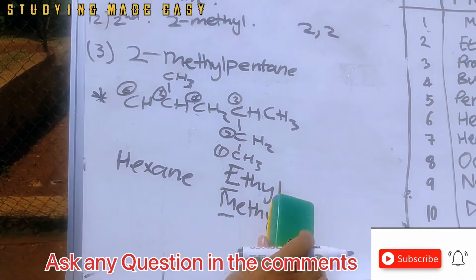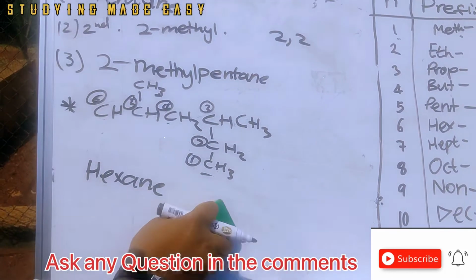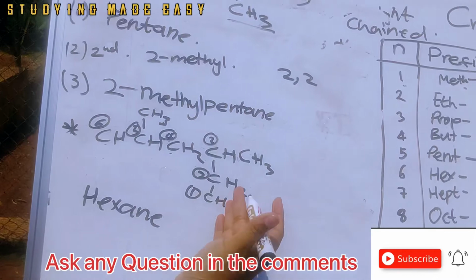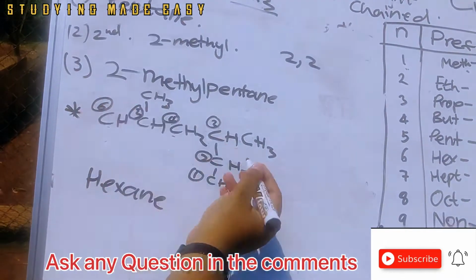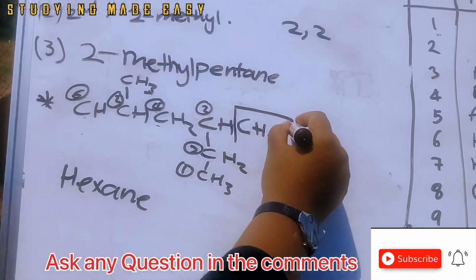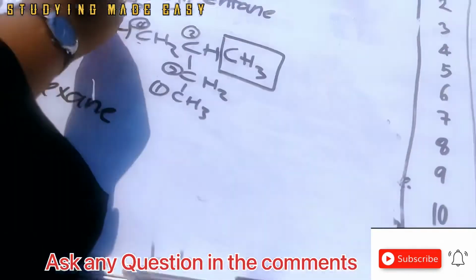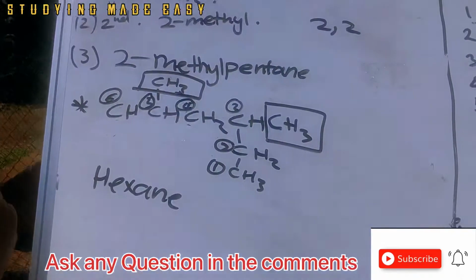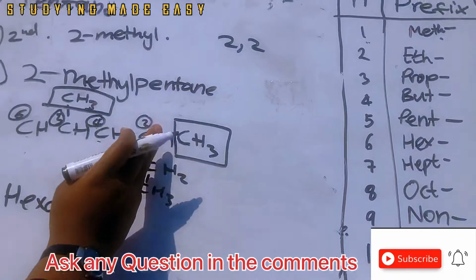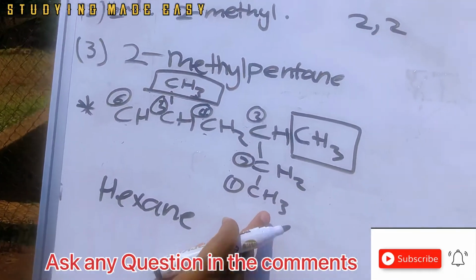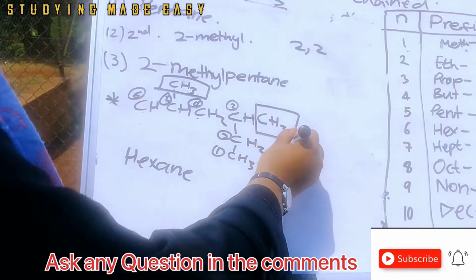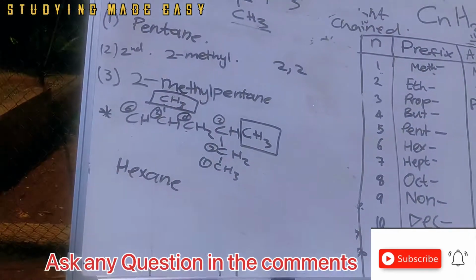I actually made a mistake, I apologize. It's going that way. So that makes this our substituent group and this our substituent group. Why has it changed? Because we've changed the way the parent chain is moving, right?